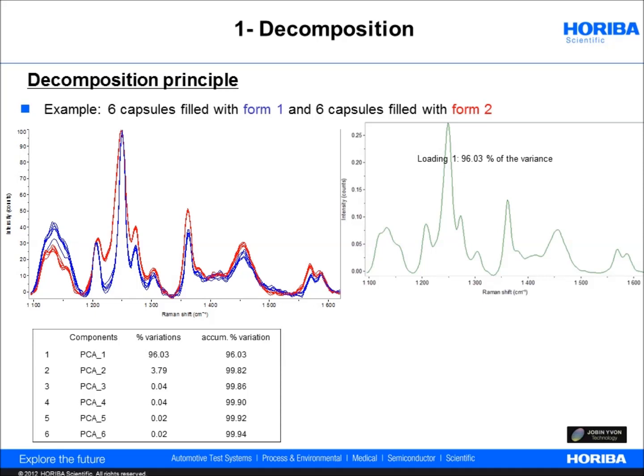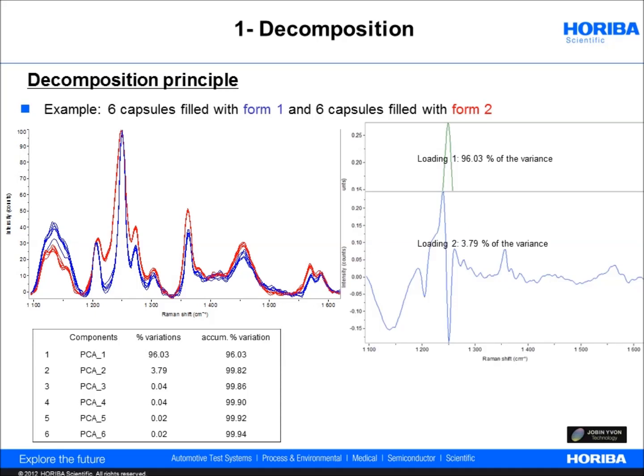Loading 1 accounts for 96% of the variance and looks like the average pattern of the 12 spectra of the dataset. Now, if we look at loading 2, we observe that it shows a kind of spectral structure with some features being positive and others negative.